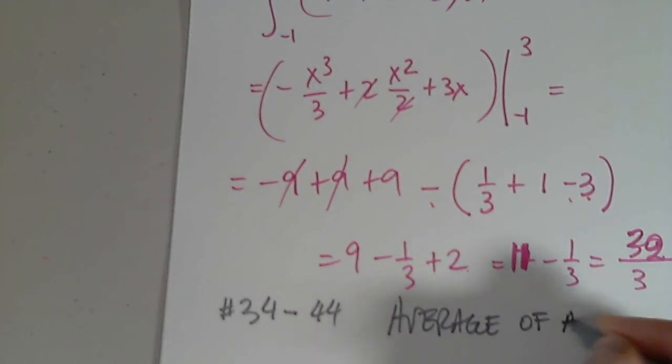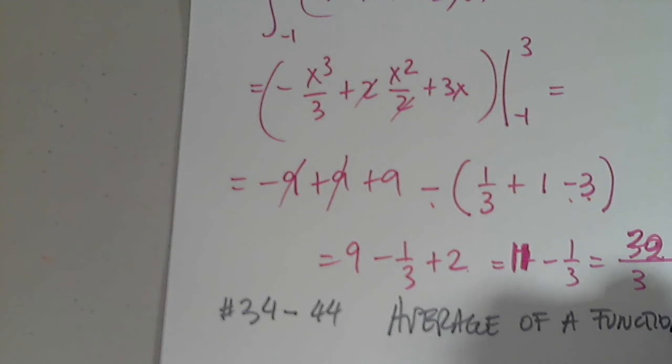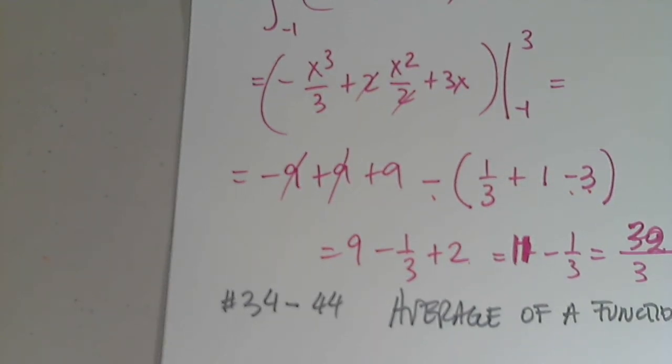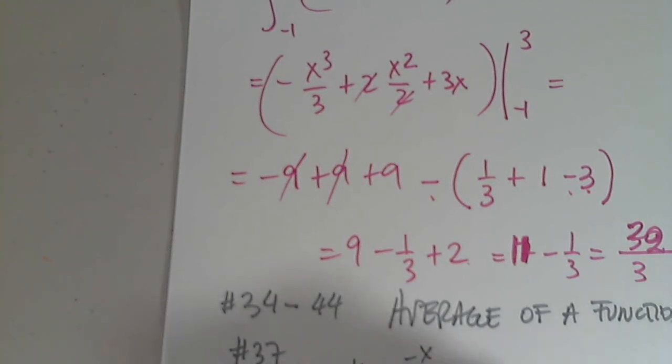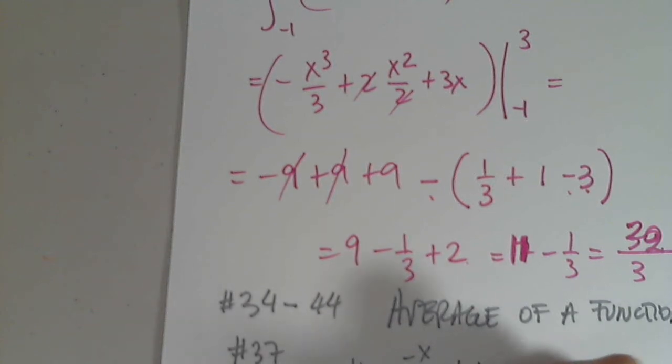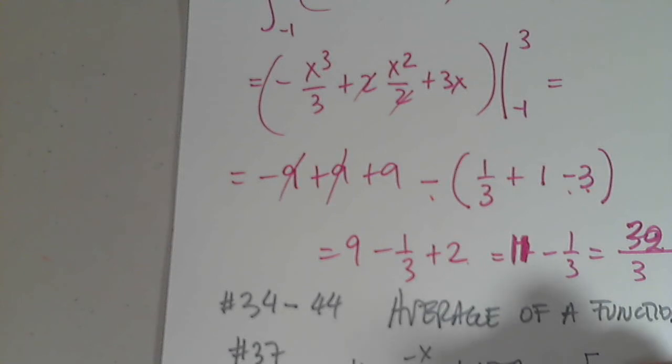Average of a function. Yeah, I'm going to pick 37, and please pick the next one. So y equals e to negative, no, I don't want to do this one because I'm going to do it in the next section. It needs the substitution rule. So later, after we look at section 4.5. So it's on 0, 1.